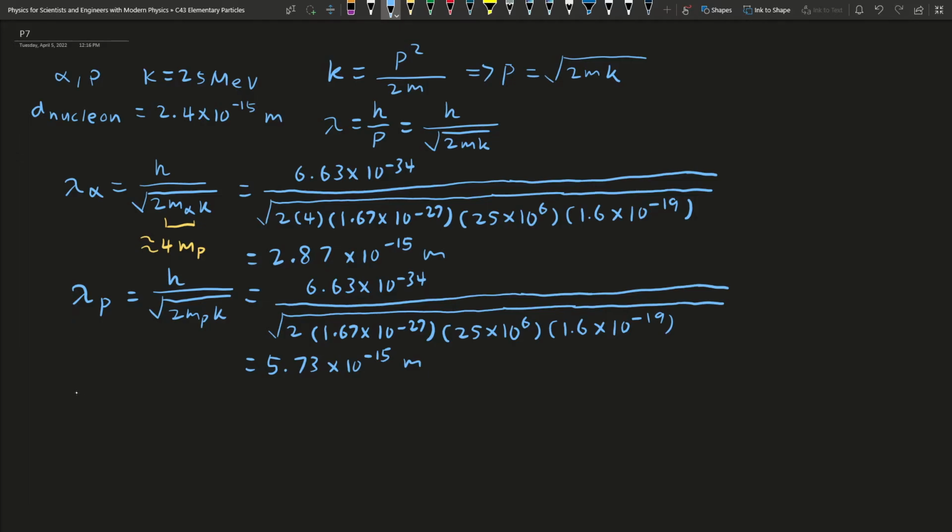And now we do the ratio of this lambda over the diameter of the nucleon. So for the first case, this alpha particle, I get 1.2. Now we do the same for the wavelength of the proton.